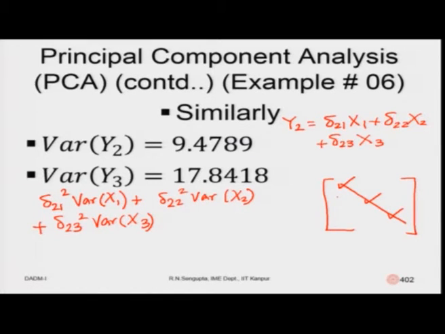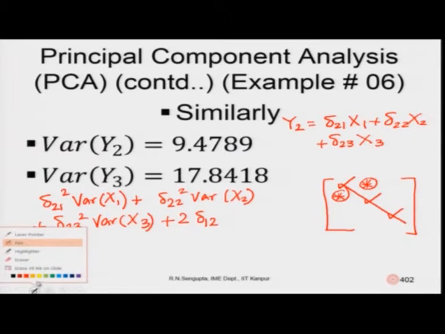So, there is one value here and one value here. That will be twice into delta 1 2. I would not give the suffix now, wait.